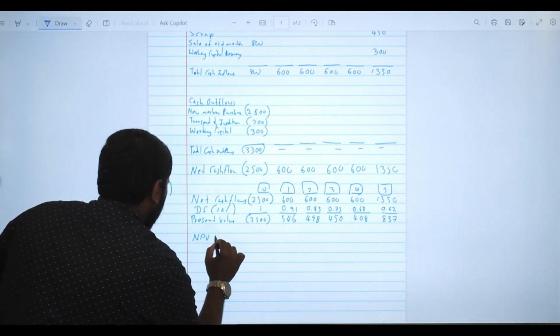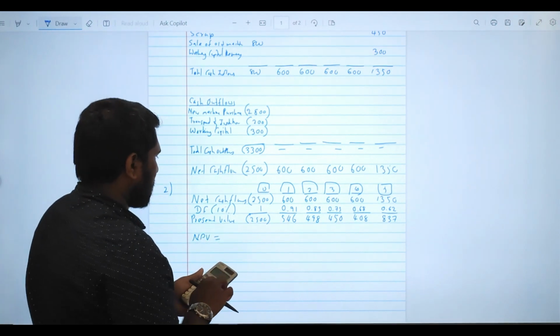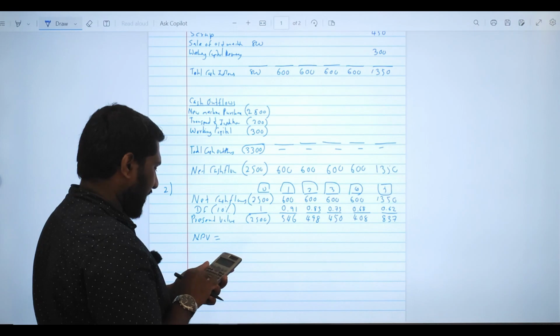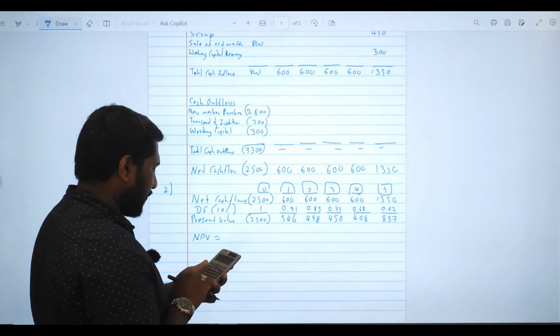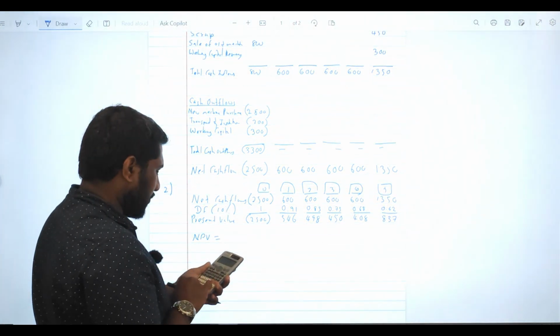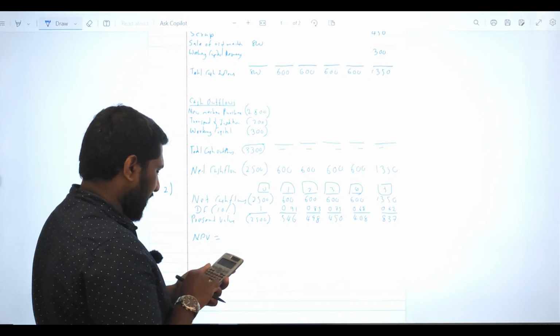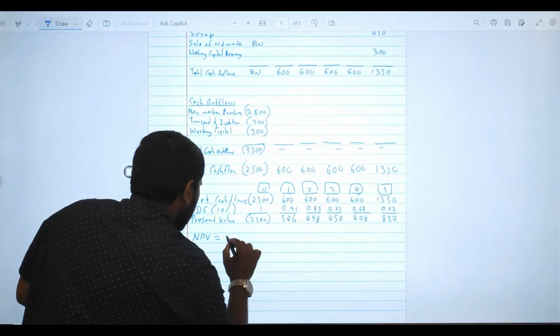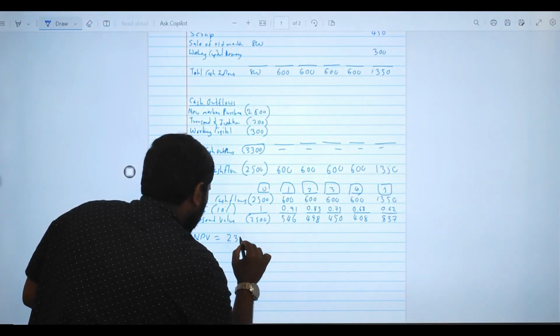What's the NPV? 546 plus 498 plus 450 plus 408 plus 837 minus 2500. I am getting a value of 239.